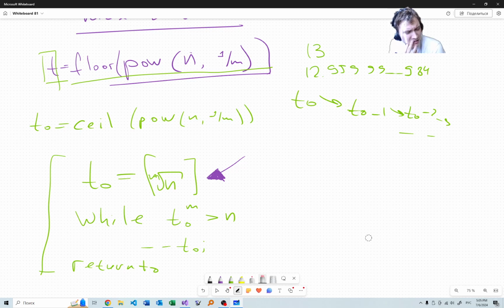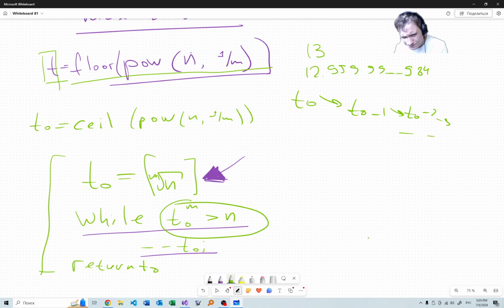Yeah, I think -1 is impossible, simply. So this can only be greater than the correct answer. Then, while this is true, we subtract this. And the only question is, how do we do this?